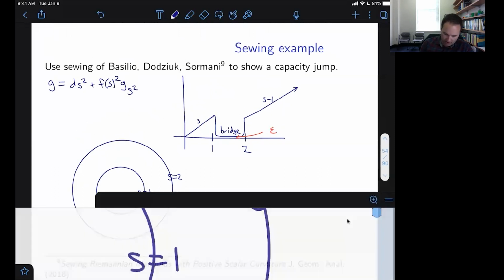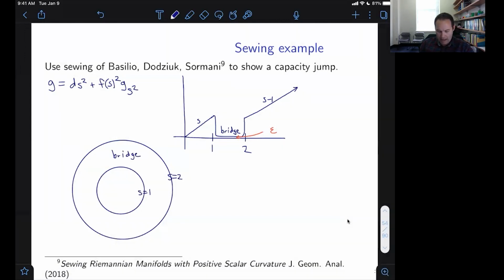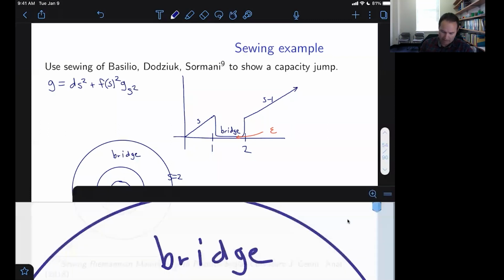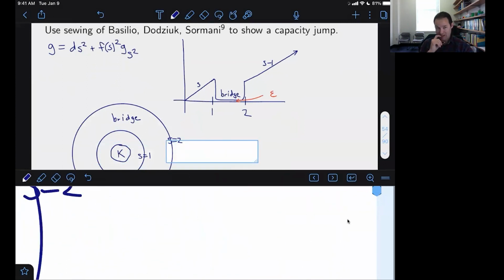This region in here is the bridge region. It has very small volume. Also, it's a very small function there. That's one of these small neck examples. So anything inside here will have small capacity as well, because there's that thin neck joining them. Okay. So maybe that's our set K. Okay, so that's the starting point.